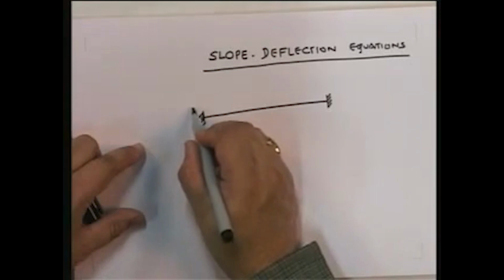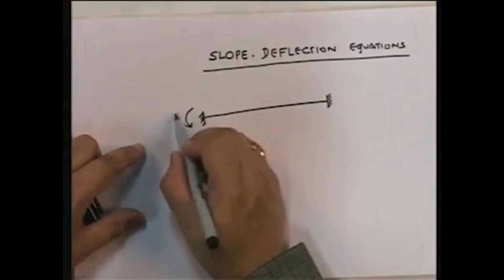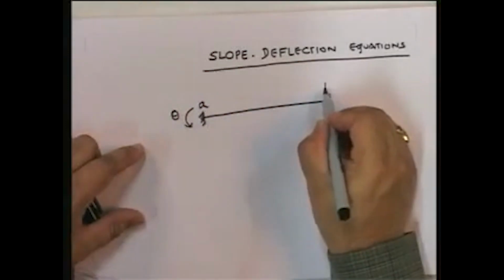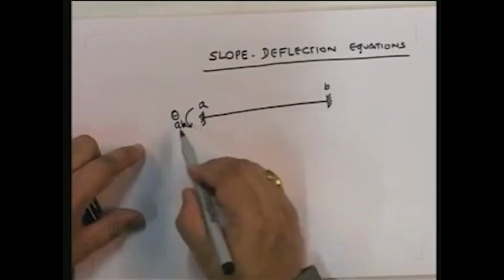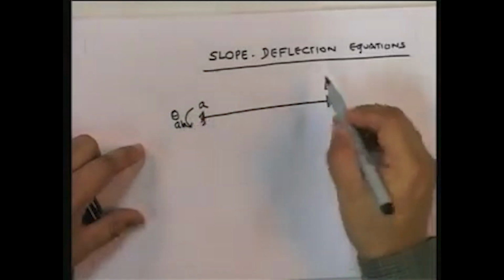We can say this rotation we can release. So, I will call this theta AB. In other words, it is the rotation at A in the member AB.